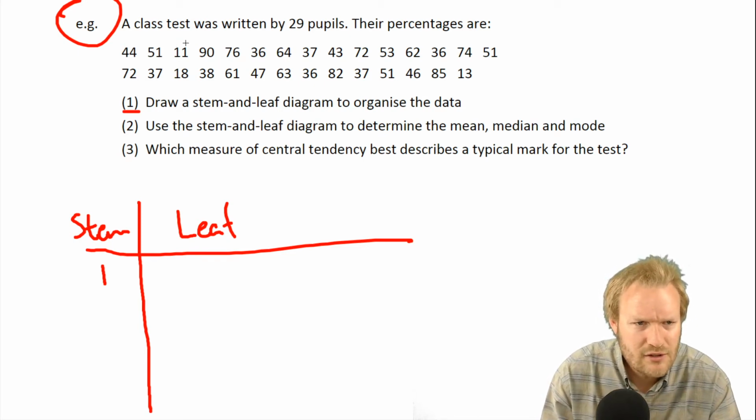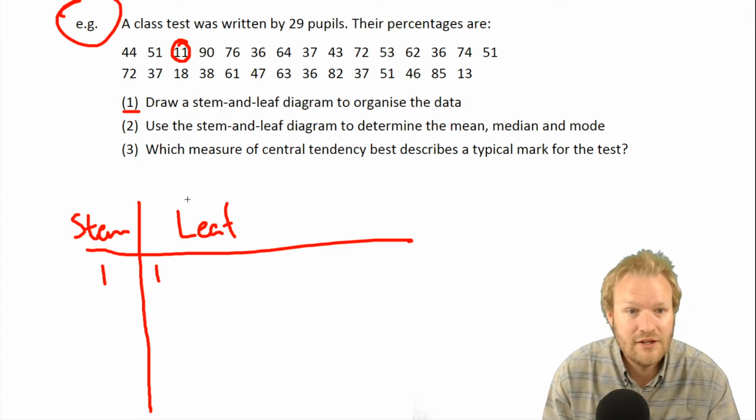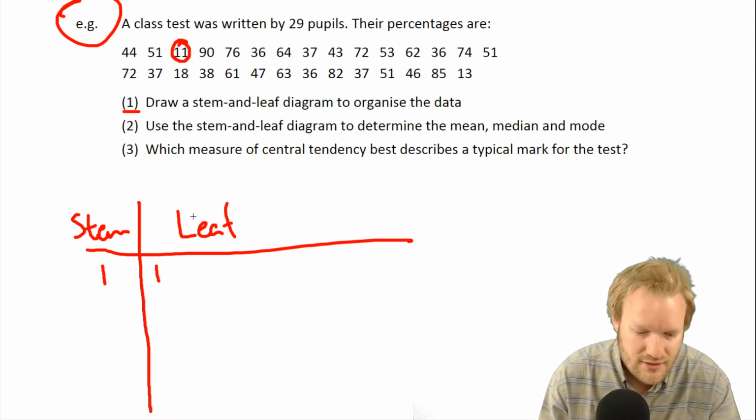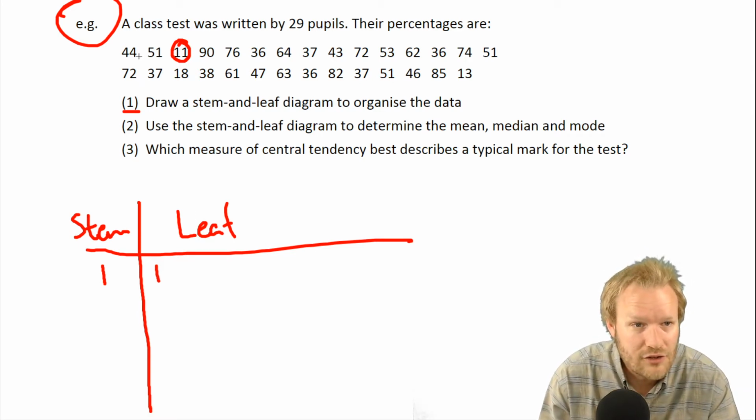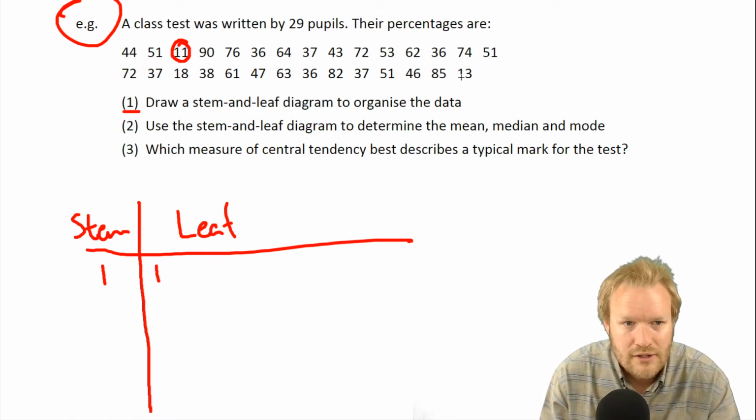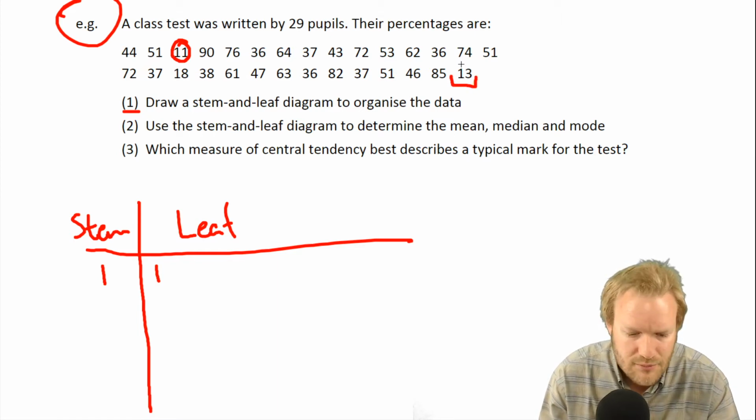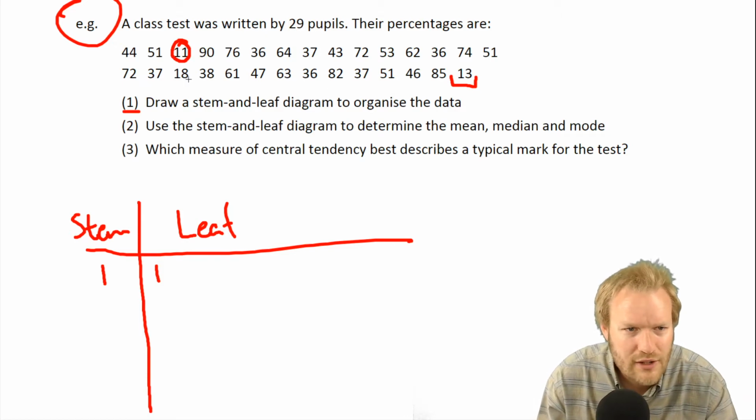There's one, right? 11. So we've got 1, 1, that's the number 11. Are there any other numbers in the tens that are here? Well, let's go through. Wait, there's one, there's a 13, and there should be another one. There we go, an 18.